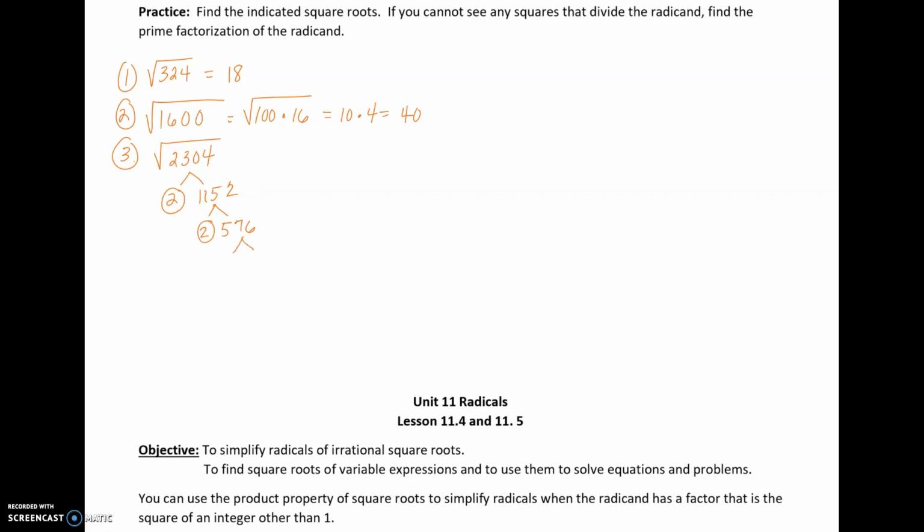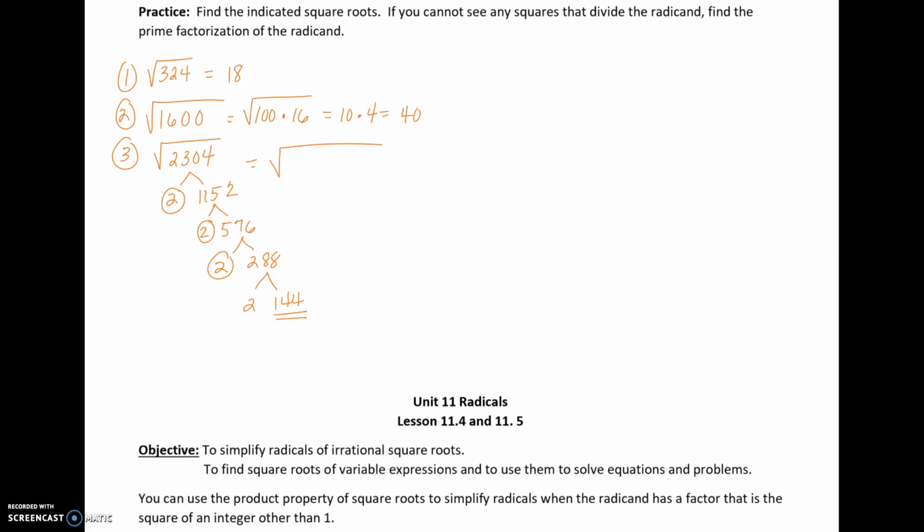If we break 576 down again, we get 2 times 288. If we break 288 down, we get 2 times 144. And right here, I'm now to something in my chart that I know is a perfect square factor. It's 12.